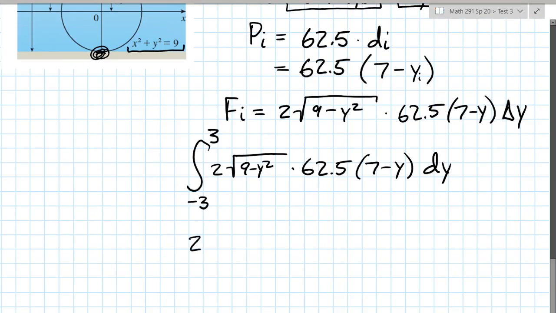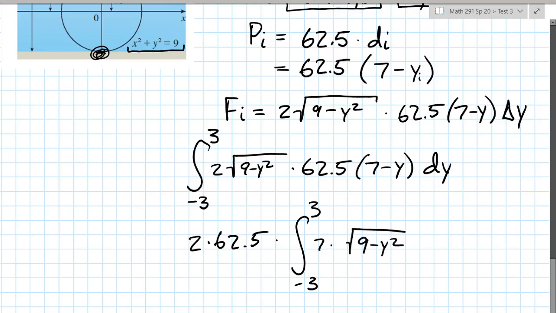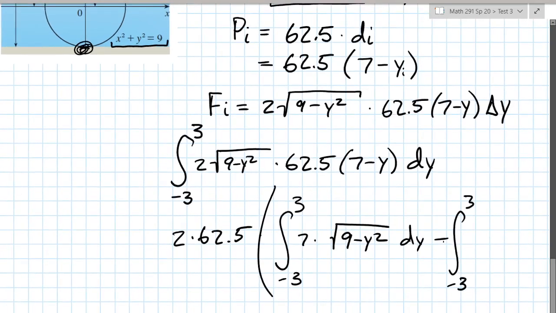We've got our 2 times 62.5 times the integral from -3 to 3 of 7 times the square root of 9 minus y squared dy, minus the integral from -3 to 3 of y times the square root of 9 minus y squared dy.